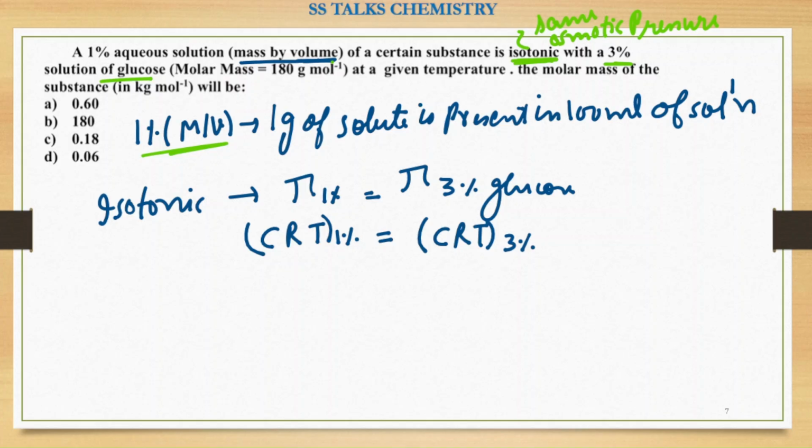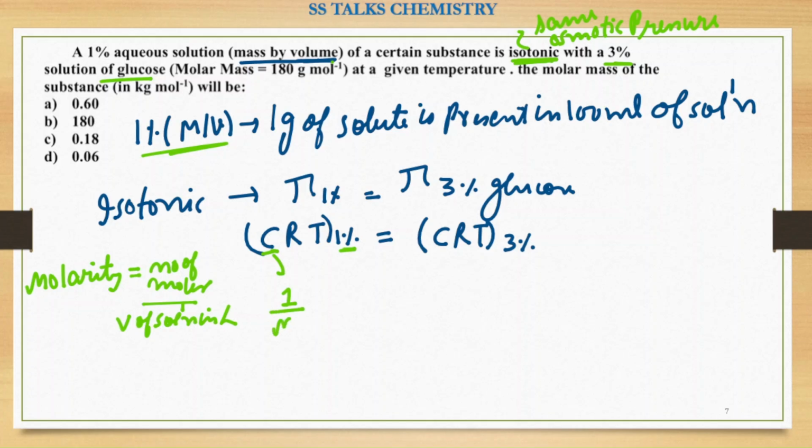Now the concentration here is in terms of molarity. Molarity is defined as the number of moles of solute upon the volume of the solution in liters. So for the 1% solution, the given weight of solute is 1 gram, its molar mass we need to find out, and these are the number of moles.